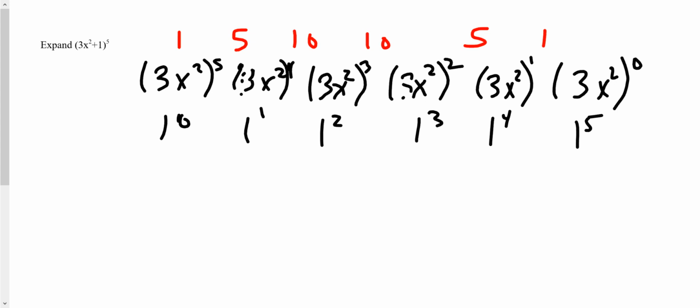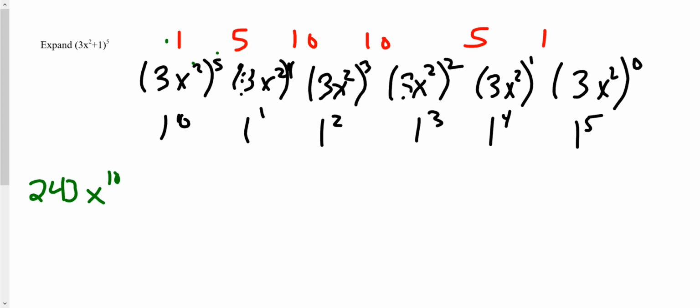In this first situation, we've got 1 times 3 to the fifth times 1 to the 0 times x squared, essentially. Instead of writing all that out, I'm just going to verbalize that. That's going to end up giving me just 3 to the fifth, so we've got 243, and that would be x to the 10th, because we do the 2 times the 5.